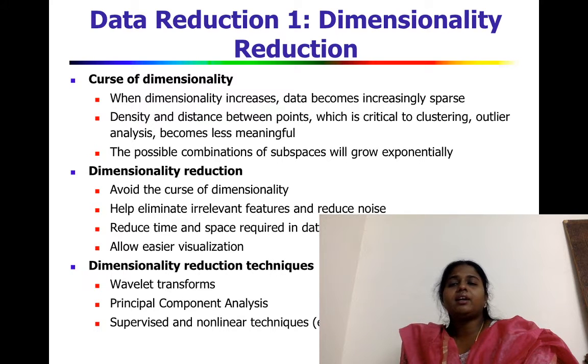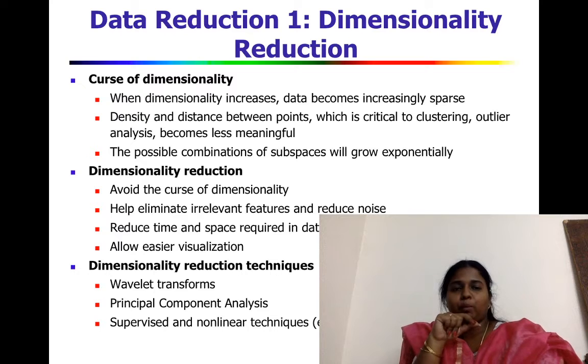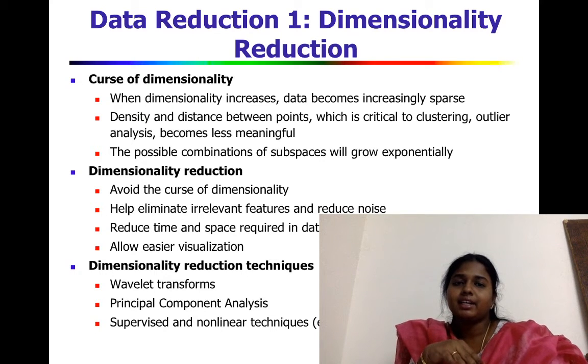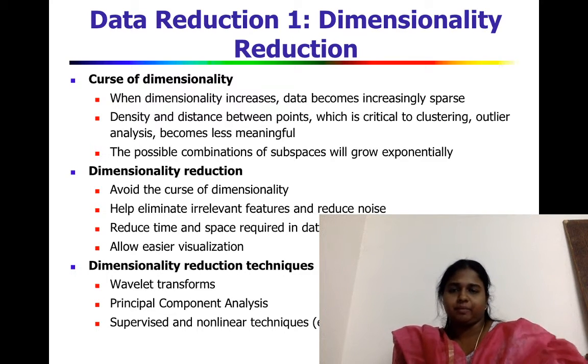And then the density and the distance between points, which is critical to clustering and outlier analysis, become much less meaningful when the data becomes sparse. When we look into clustering, we will understand how we calculate distance between points and how having a sparse data set will reduce the meaningfulness in clustering.